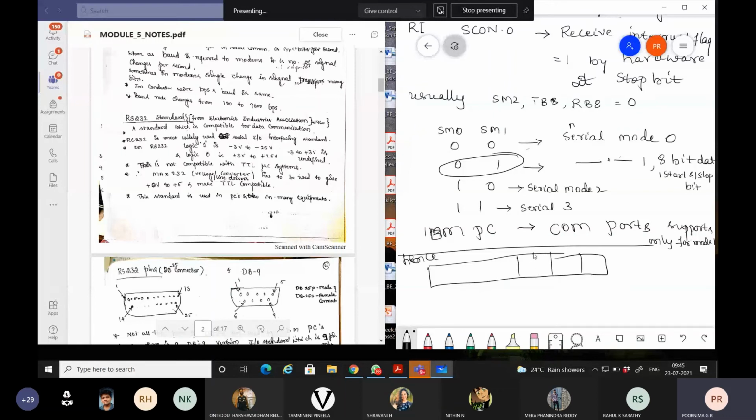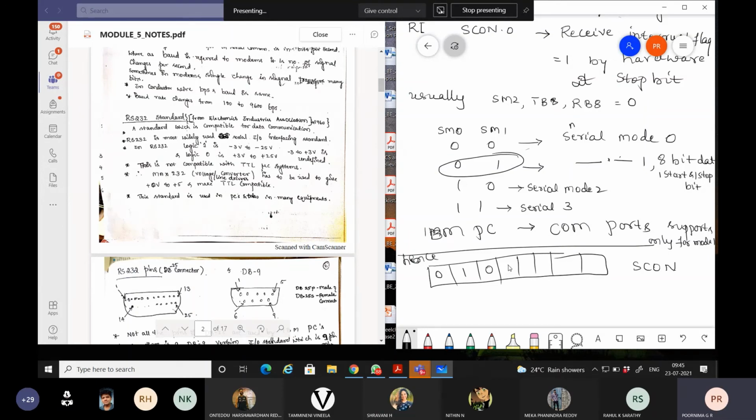Students, can you tell me how the SCON contents should be before transmitting? SM0, SM1 should be 01. SM2 should be 0. Then the next bit is REN, reception enable. Do you want to enable it?